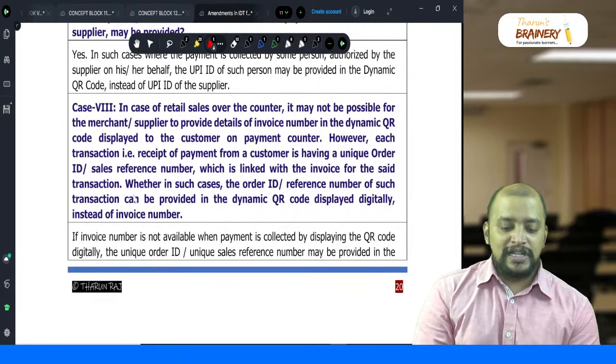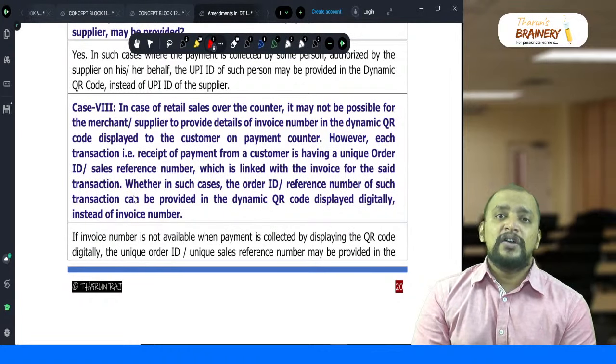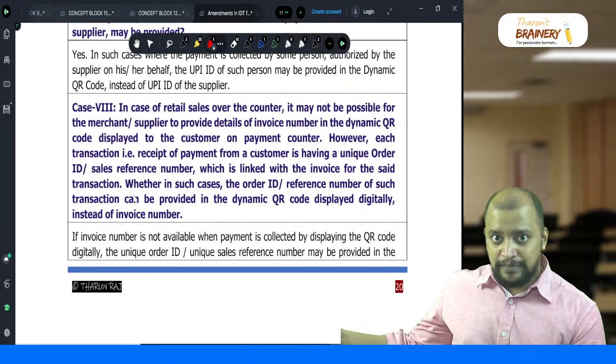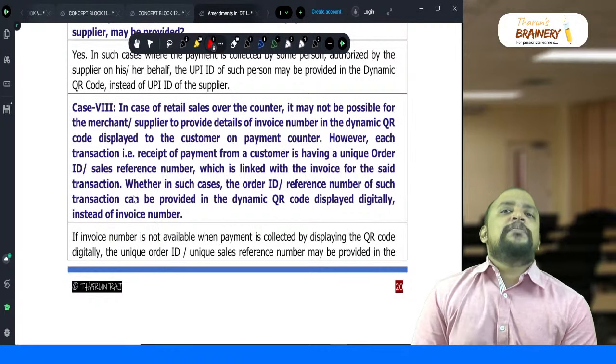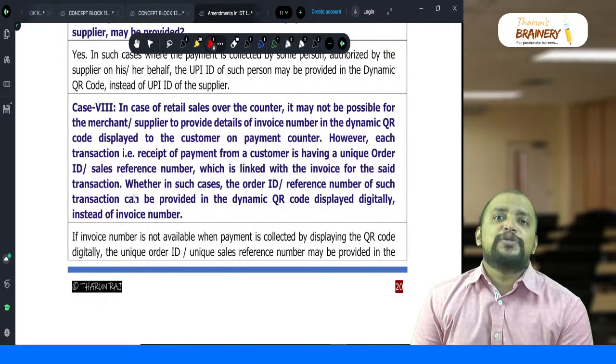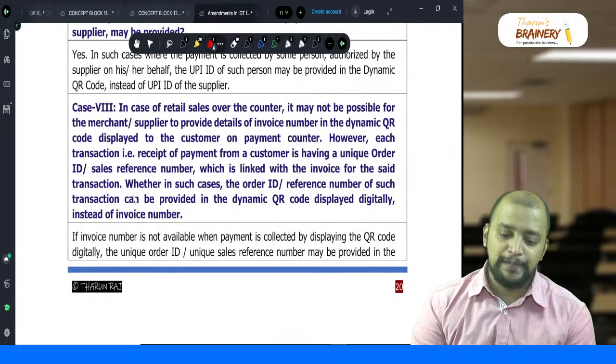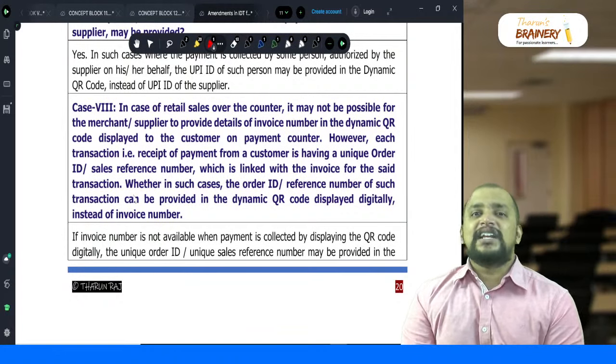The invoice number will be based on the system, and it may not be practically possible to link it to the dynamic QR code, because data entry work will be there.